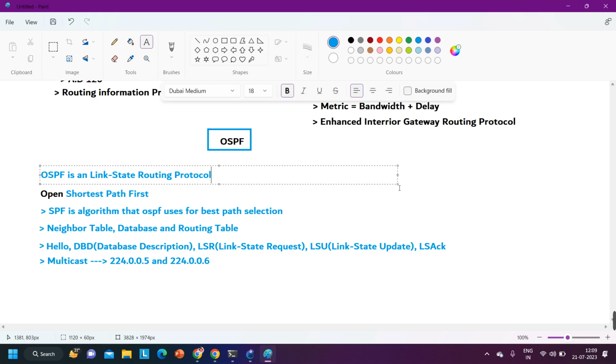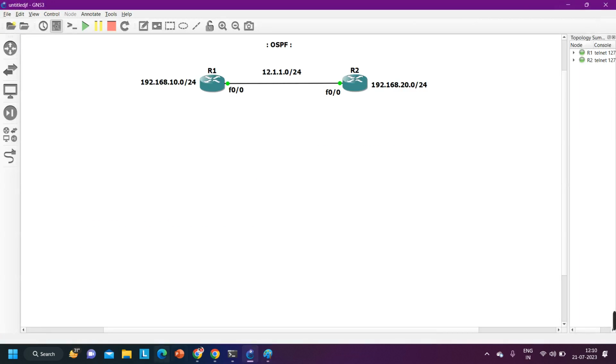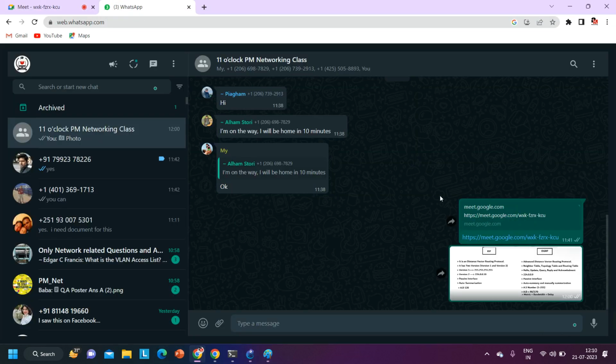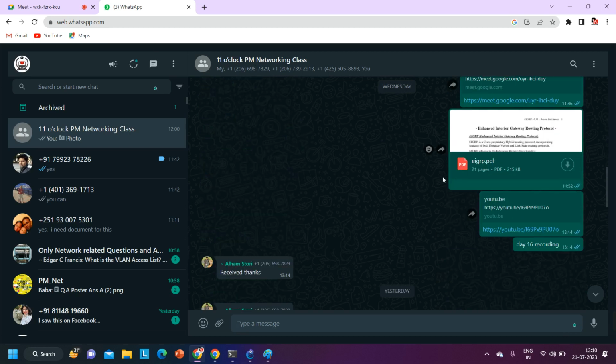Guys, whenever I say that something is important, you should keep those things in mind, because it is really very important. Like OSPF is a link state routing protocol. You didn't tell us at the beginning, sir. It's too late. Actually, I already told you that OSPF is a link state routing protocol when we were discussing the types of routing. Remember, this folder, this file, which I have already shared with you. Inside this file, I have already mentioned these things.